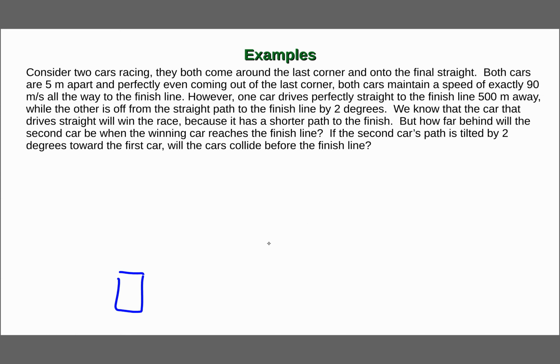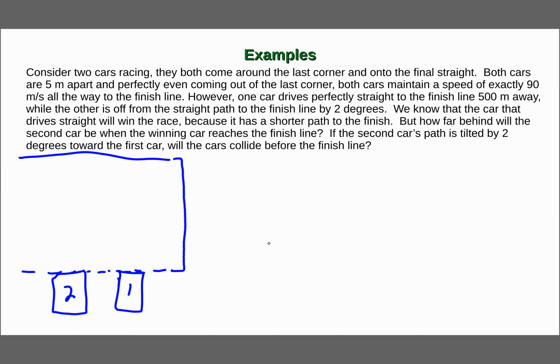We have car 1 and car 2, and as they come around the last corner, they're dead even. We have the finish line some distance away. That distance is 500 meters. Car 1 is going to drive straight there.